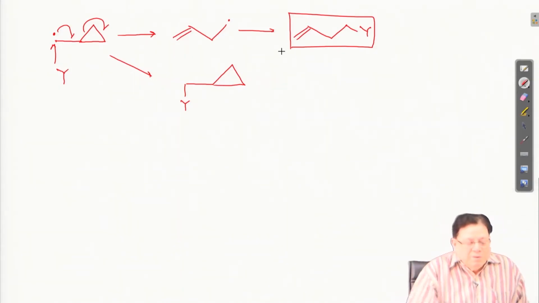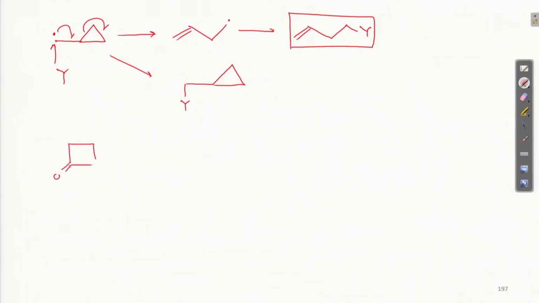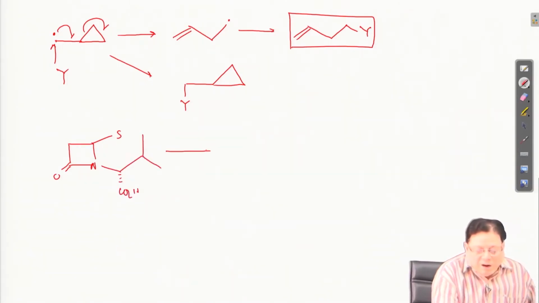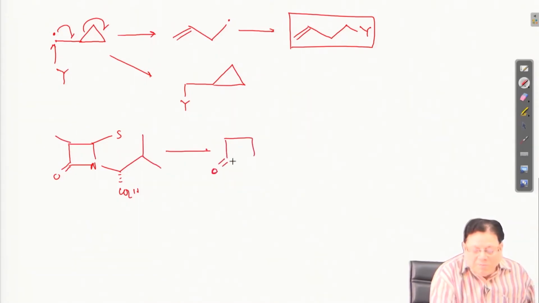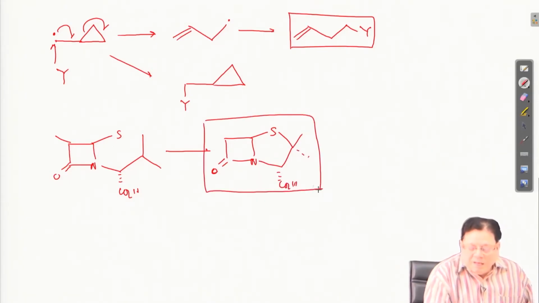One example I can tell you is a debate in the reaction where a carbon sulfur bond is formed to form a bicyclic network like this. Incidentally, this framework is present in many of the beta-lactam antibiotics.